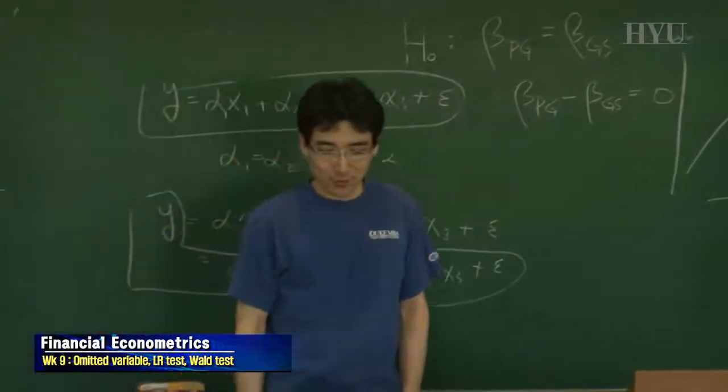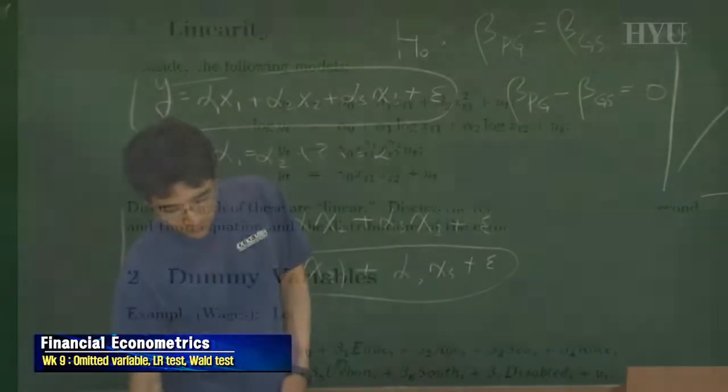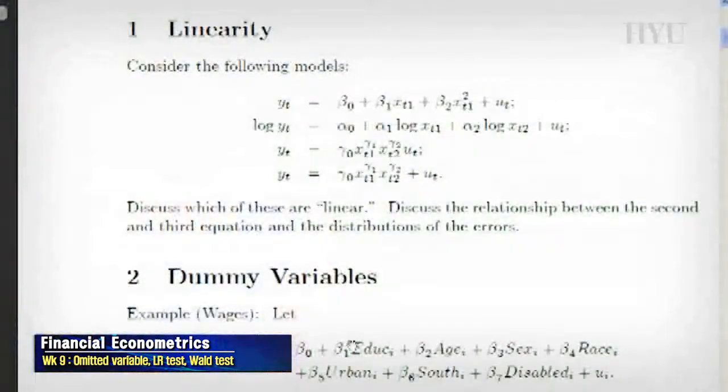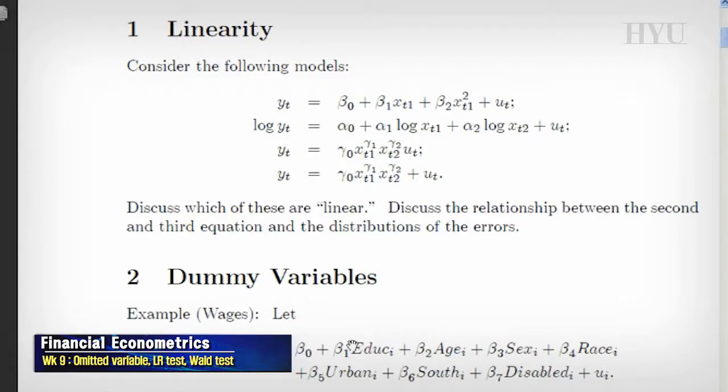Suppose we find beta 1 is positive and statistically significant. Then we have to suspect our result, since we dropped ability.